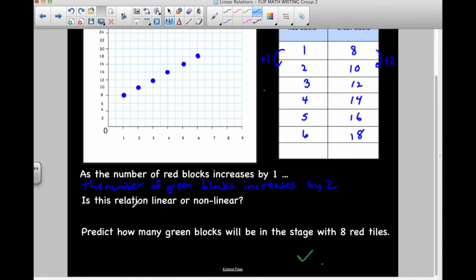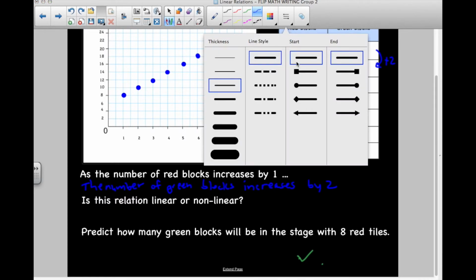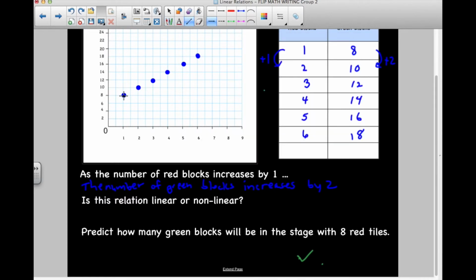Our next question asks, is this relation linear or nonlinear? Well, one of the things that you can do is take out a ruler and see if you can connect your points. I'm going to use my line tool. I start at my first point and draw right through to my last. It looks like I can draw a nice straight line.